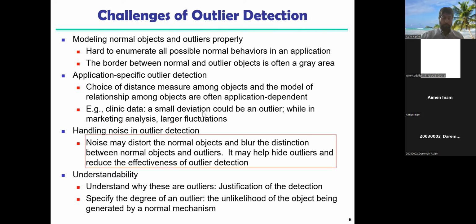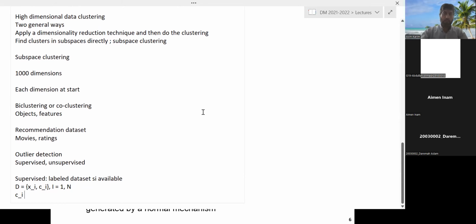You have a data set, let's say D. X is the object, which is represented with some features. And then you also have the class label for each object. The class label would be either 1, which means it's an outlier, or 0, which means it's not an outlier.